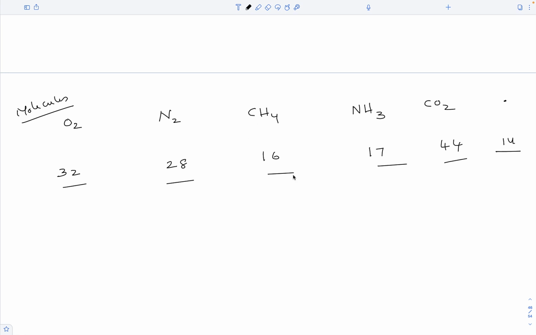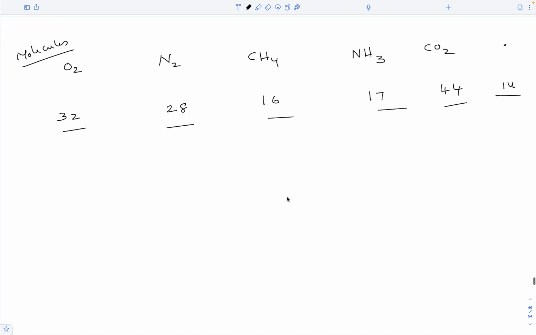Again, the logic is same. If you want to have equal number of molecules of these substances, then the quantities must be in the ratio of their molecular weights or relative molecular masses.